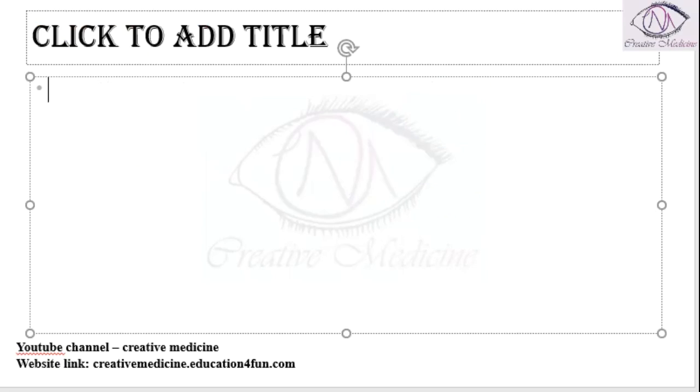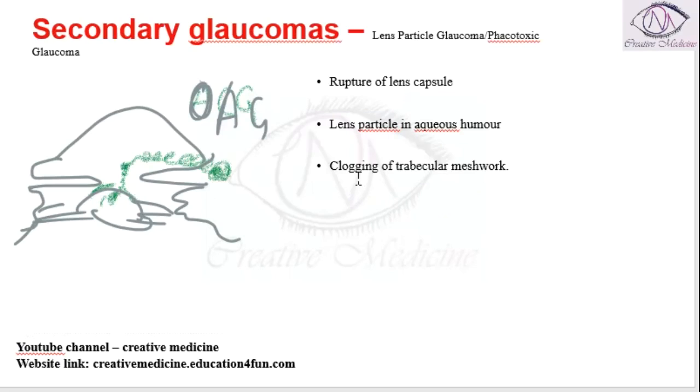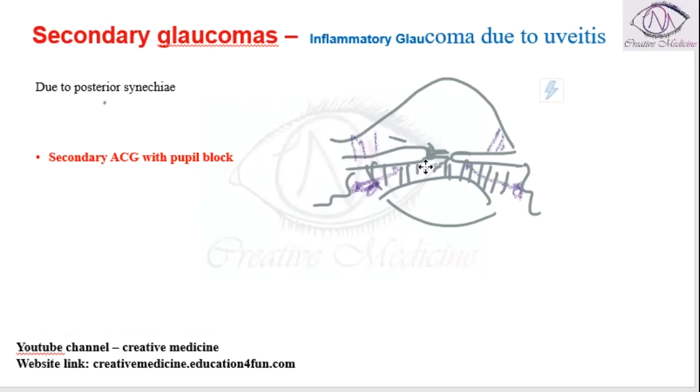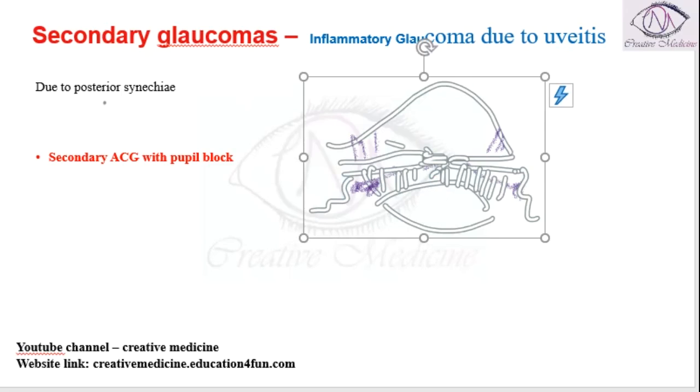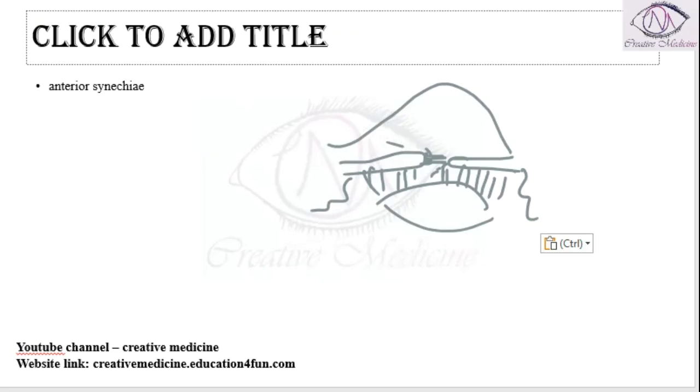And the second type is anterior synechiae. Here it is the same picture, but here the problem is not posterior synechiae, but anterior synechiae are present completely here. Because of this, the pupil is completely normal, there is no block, but here the angle is blocked.